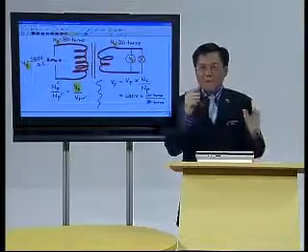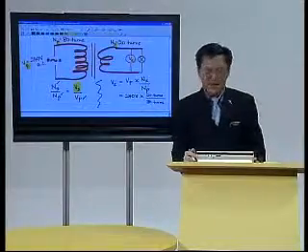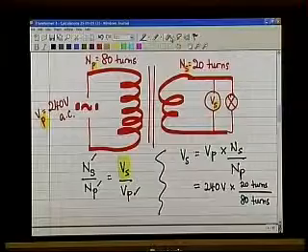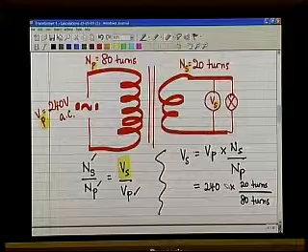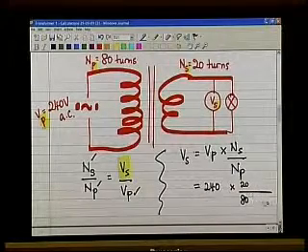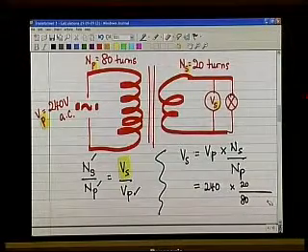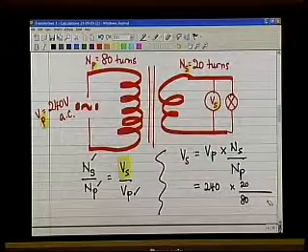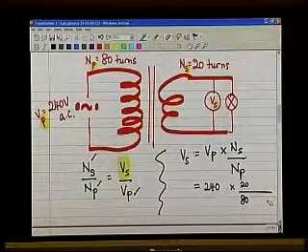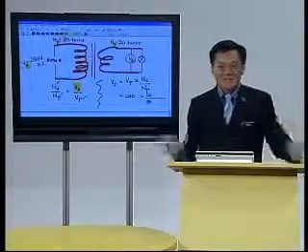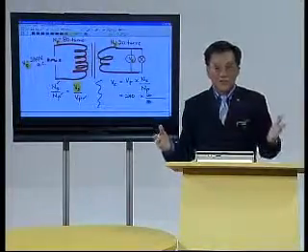Now, if you do not believe me that the units are so important, I'll show you something. If you do not write down the units, you will be writing this down. 240 multiplied by 20 divided by 80. It doesn't mean anything. And this is not physics. This is just numbers, arithmetic.